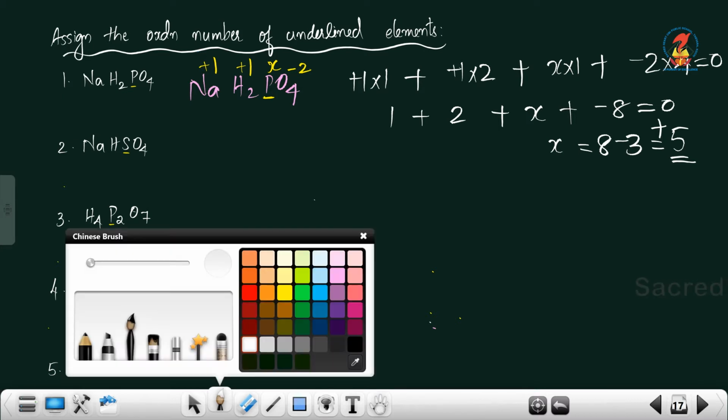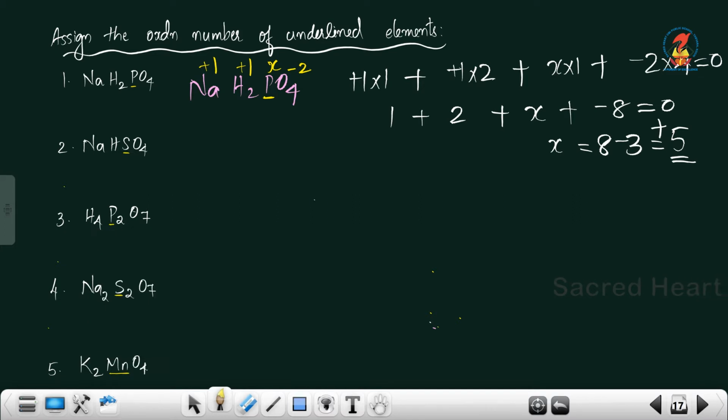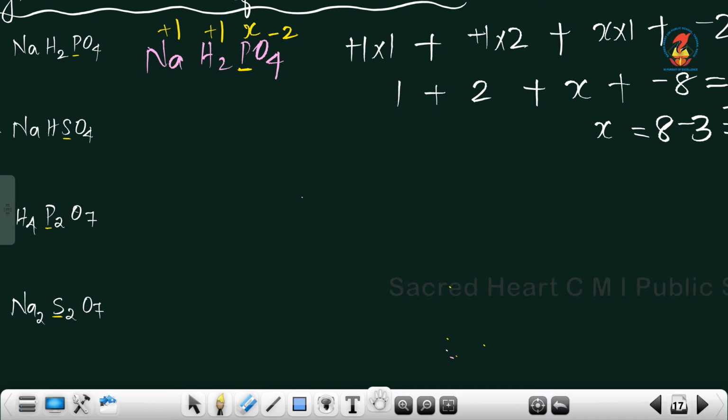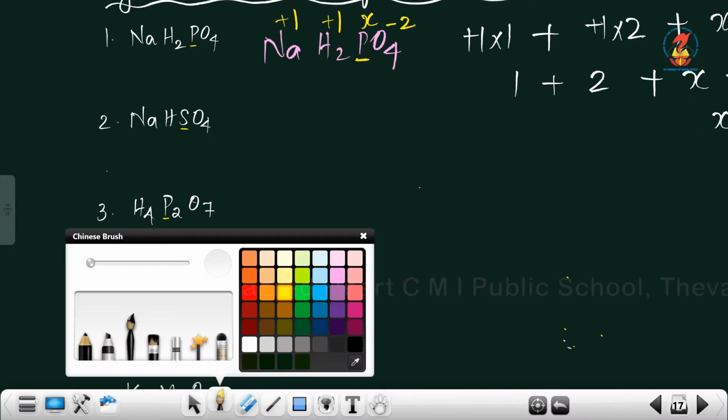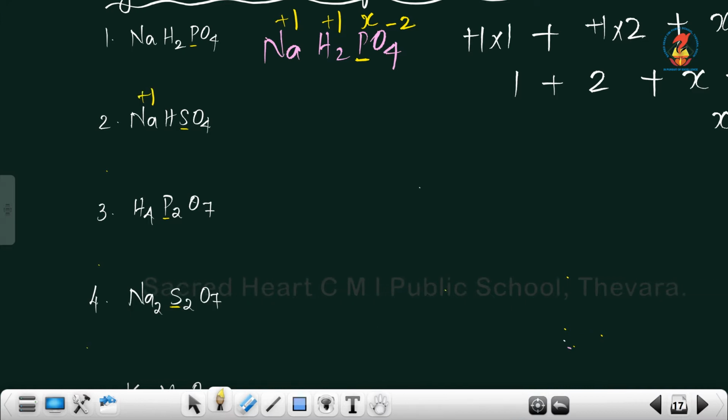Now in the second compound, it is NaHSO4. First we need to write the oxidation state of elements that we know. Here also we know sodium it is +1, hydrogen also +1, sulfur we can take it as X, oxygen it is -2.